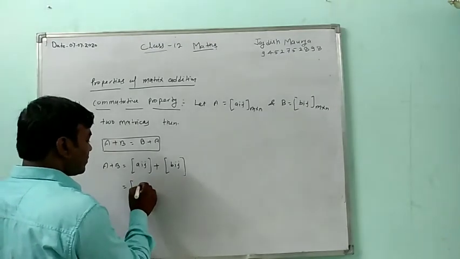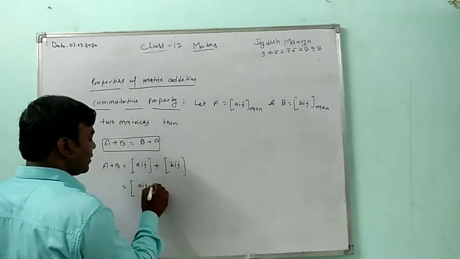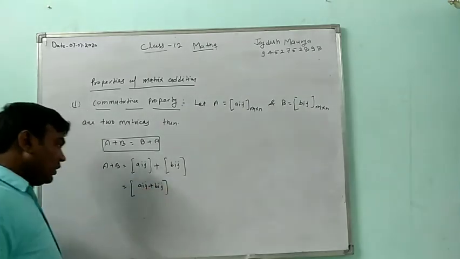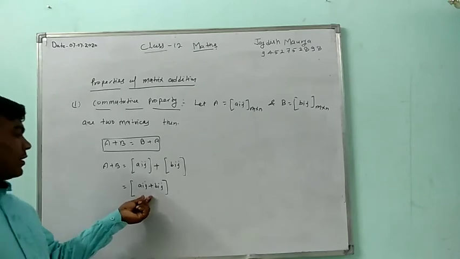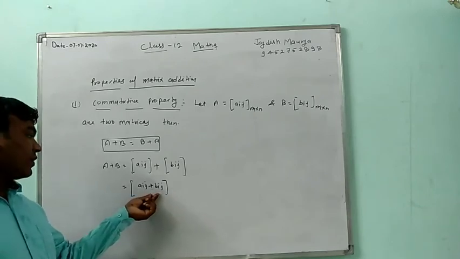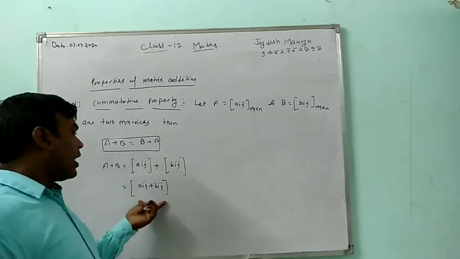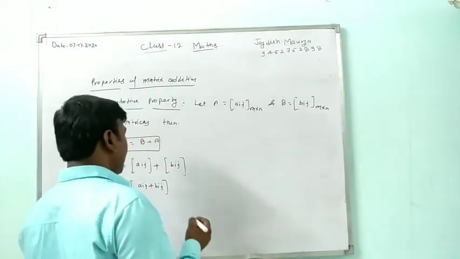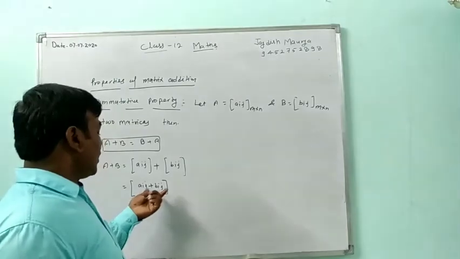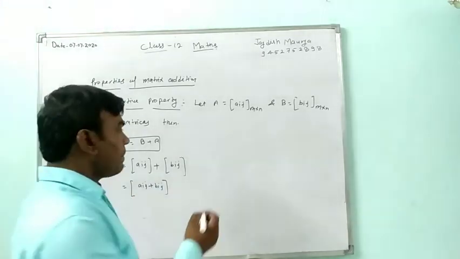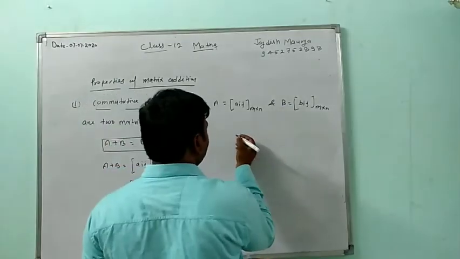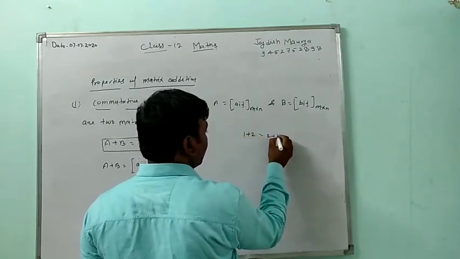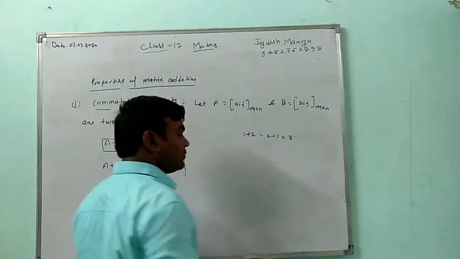This will come Aij plus Bij. Aij and Bij are real or complex numbers. Real numbers and complex numbers are commutative. 1 plus 2 equal to 2 plus 1 equal to 3.